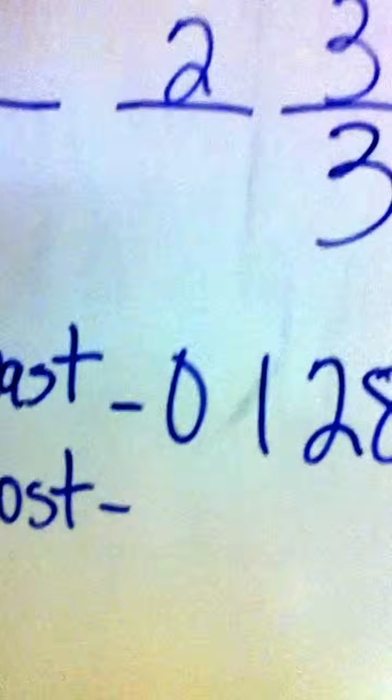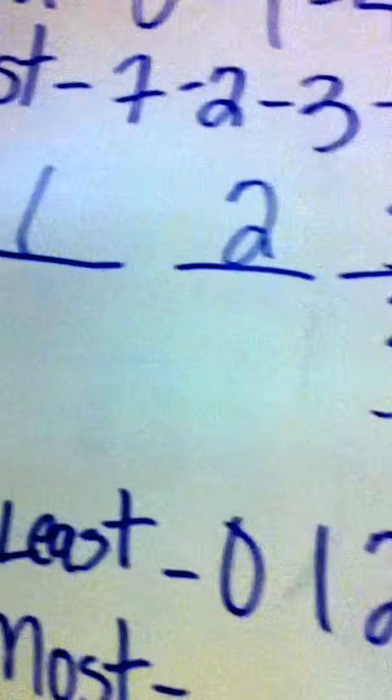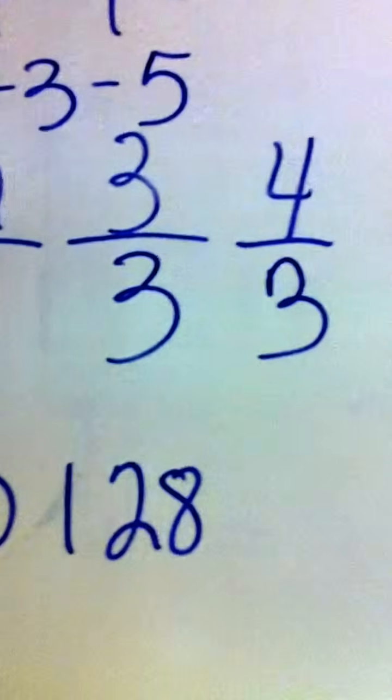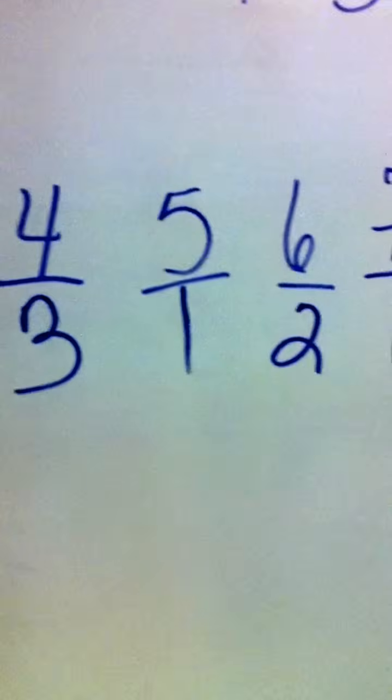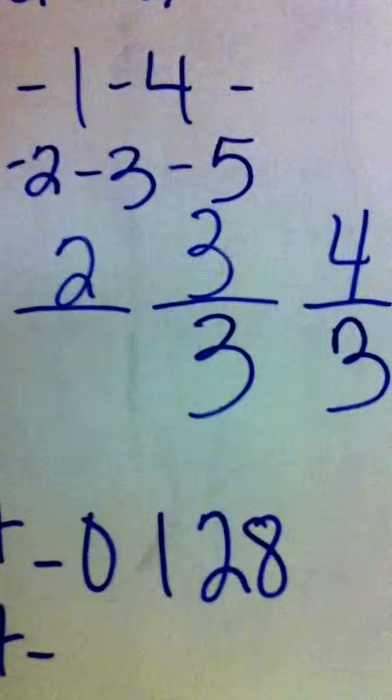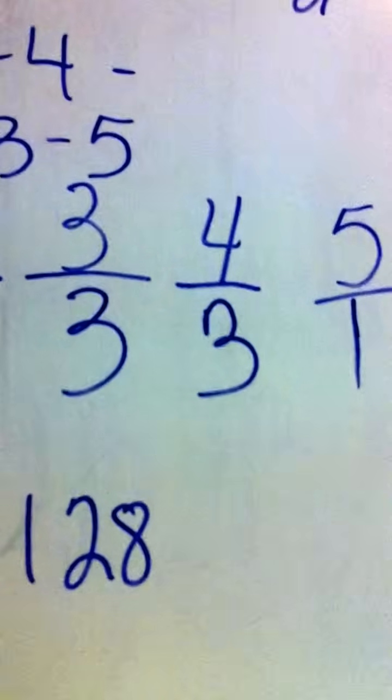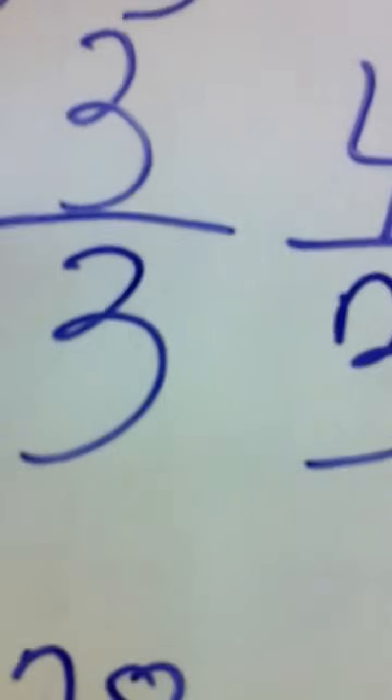Now we go back and find the most numbers that have fallen. You know, 0 hasn't fallen, 1 or 2. So we have 3, 4, 5, 6, 7, 9 that have fallen. So I'll go back and look at the ones with the highest number of times that they have fallen, and I have 3. So I would put 3 here, as one of the numbers being the most because it's fallen 3 times.